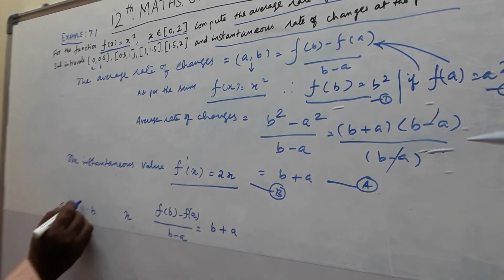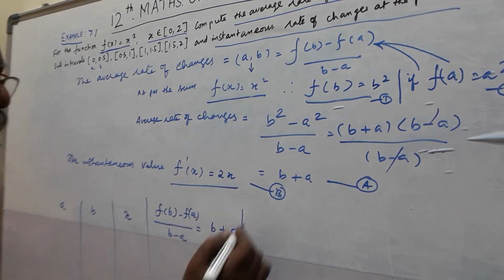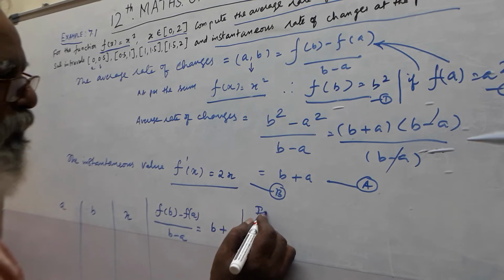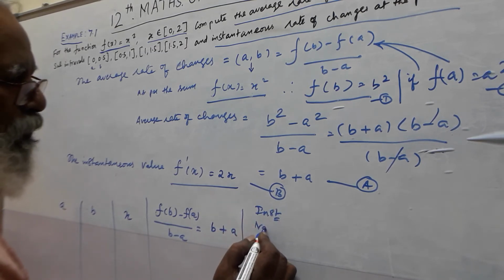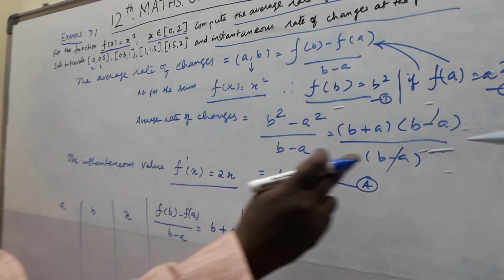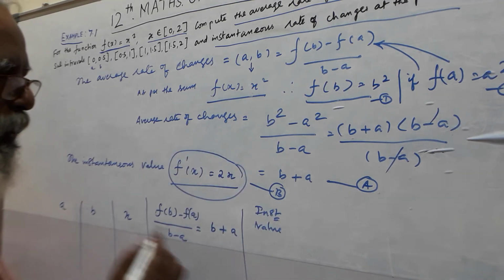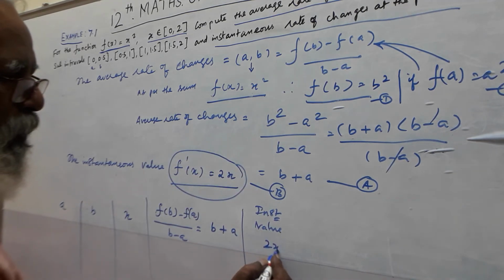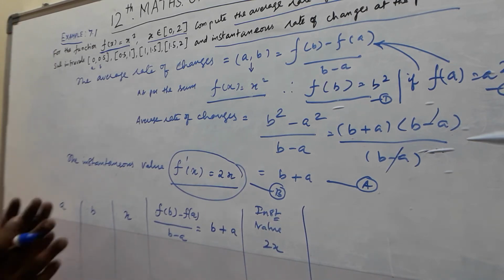Okay, this is the first column, second, third, and then fourth, and finally we get the instantaneous value, which we already got as 2x. What was actually asked in the sum?